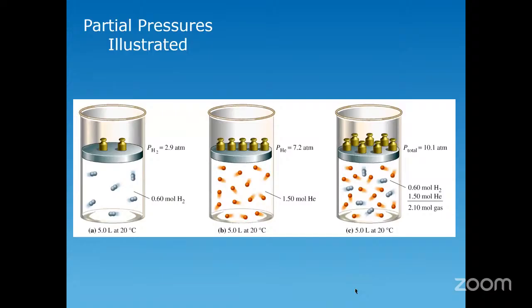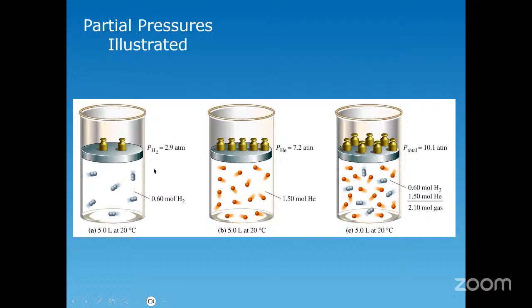So just to illustrate this whole Dalton's law thing, remember now Dalton's law says that the total pressure of a gaseous mixture is equal to the sum of the partial pressures of the gases in the mixture. So in this pictorial example, we have two gases, helium and hydrogen. The volume and temperature are both the same in each case.